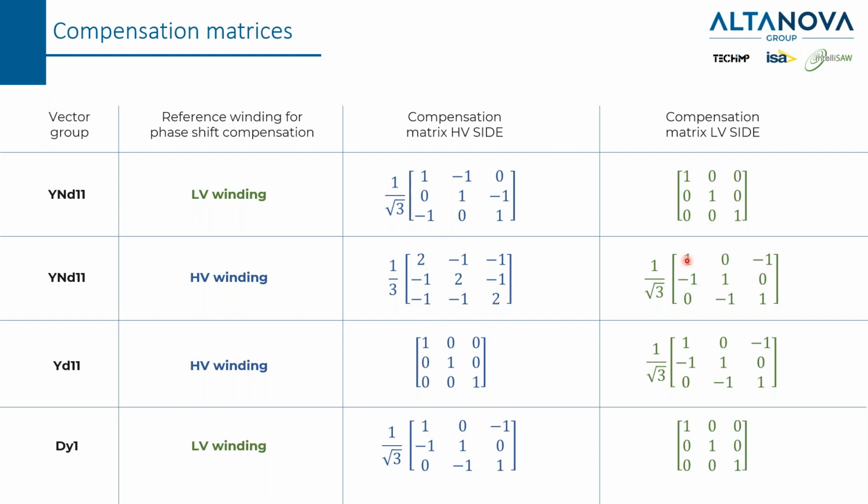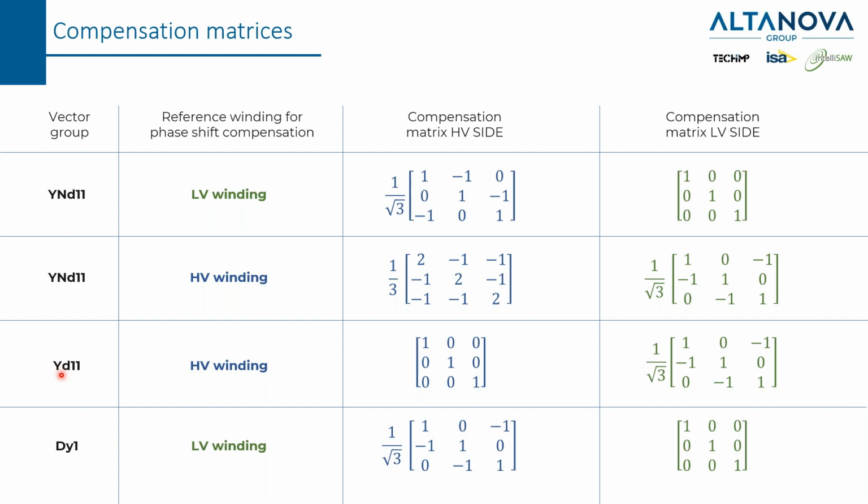On the low voltage side, I'm not multiplying by the unit matrix, but I'm multiplying by this because the reference side is the high voltage side. Then I have to rotate the low voltage current. Then if you pay attention in the third example here, the neutral is not connected to the ground.